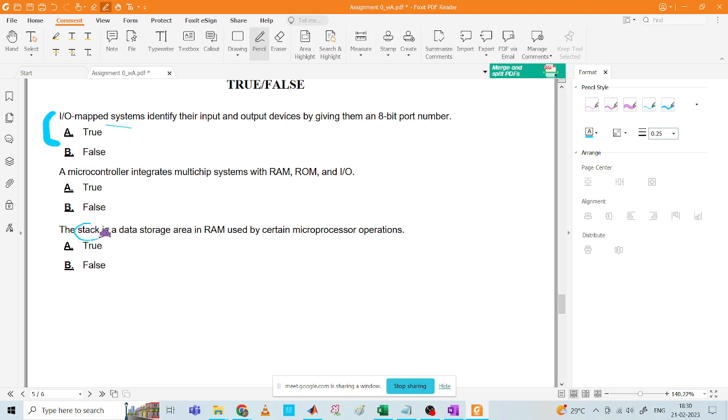Whatever is the next part, first of all tell me whether this is correct, true or false, then I will change this question, I will make it heap, and then you tell me whether again it is true or false.